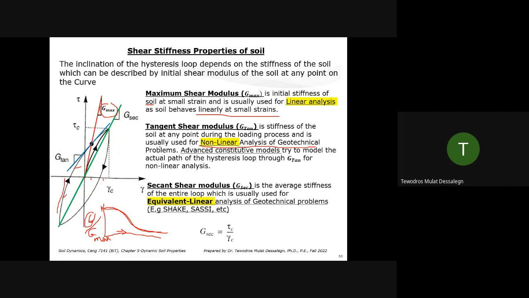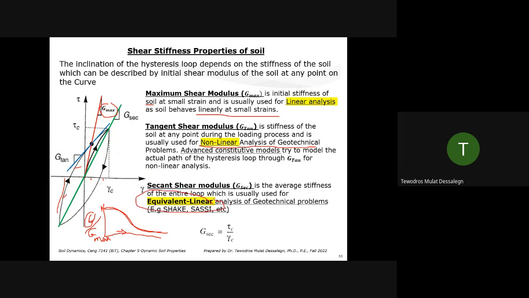So usually what's being done is we take an average for a hysteresis loop. That's the Gsecant. If you connect the 2 endpoints of the hysteresis loop, it represents an average value for that cycle of loading. So the secant shear modulus is the average stiffness of the entire loop, which is usually used for equivalent linear analysis.